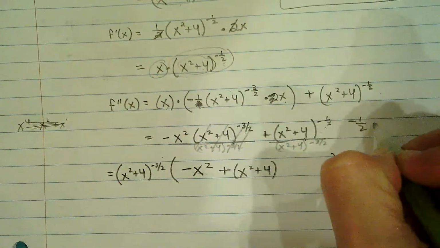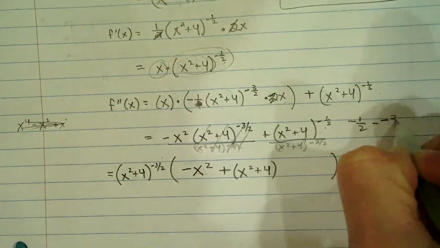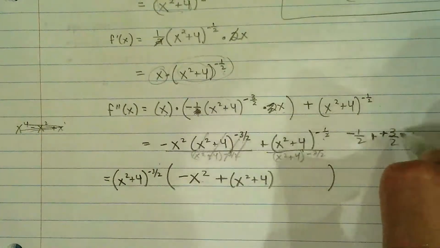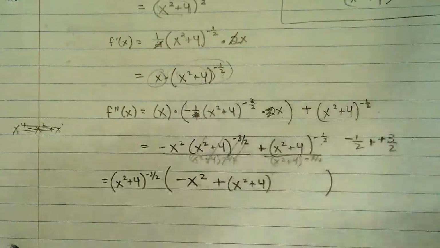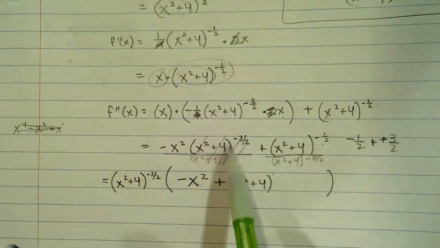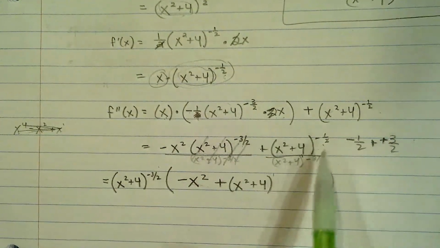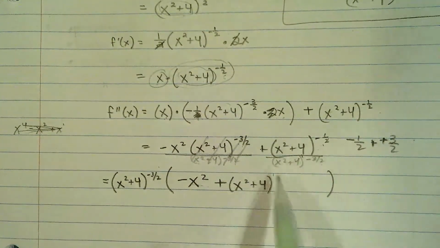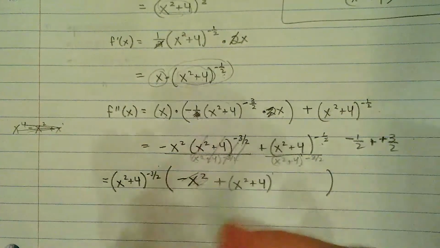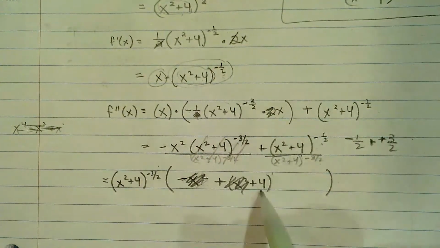So negative 1/2 minus negative 3/2 is negative 1/2 plus 3/2, which is 2/2, which is to the first power. If you remember back in the beginning of the year, when we added on this kind of factoring skill with factoring out rational exponent expressions, that typically is what happened, is that it would conveniently end up being 1. And then this negative x squared plus this x squared cancels, and we just get 4.